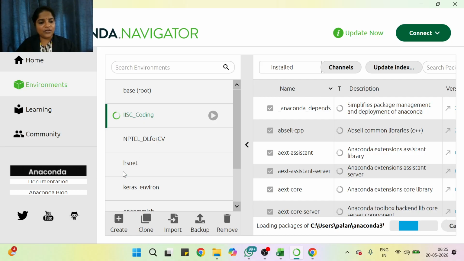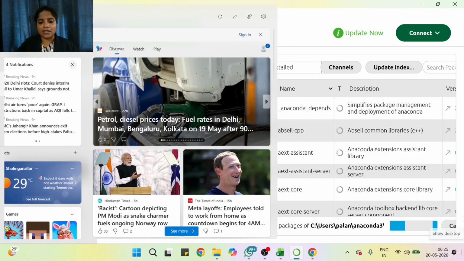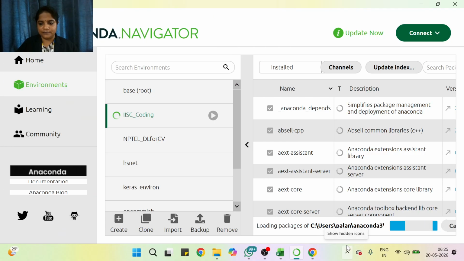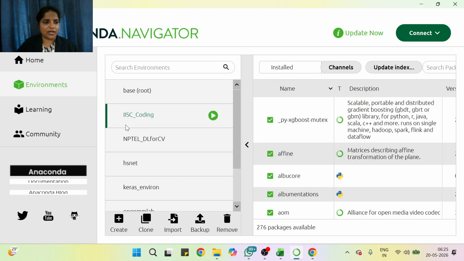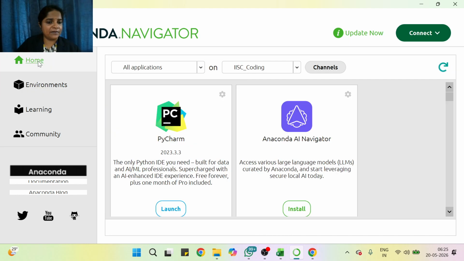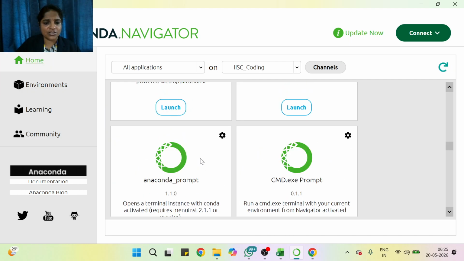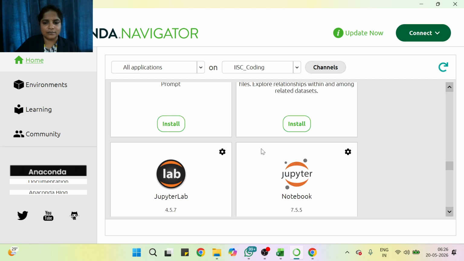Okay. So I hope all of you are familiar with the Anaconda Navigator. So I'm using the Anaconda Navigator to call Visual Studio. Okay. I am using a specific environment. So this is the screen where we choose our environment of choice. Okay. So I have chosen my environment and now I'm going to launch my Visual Studio.